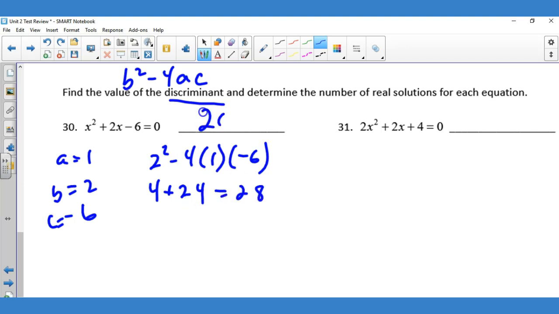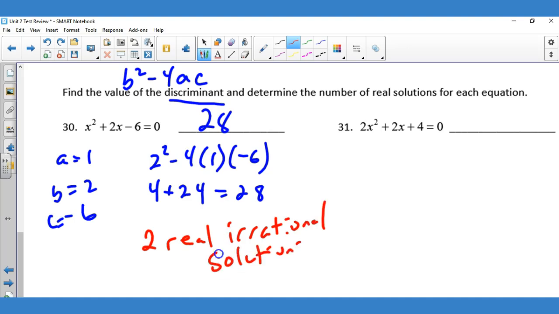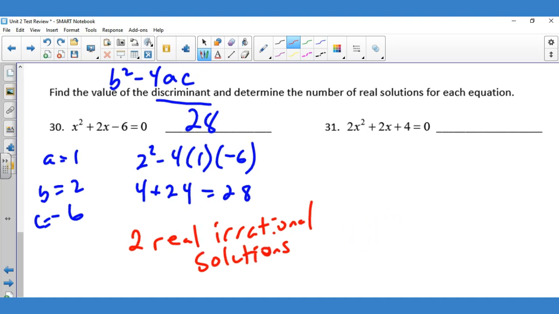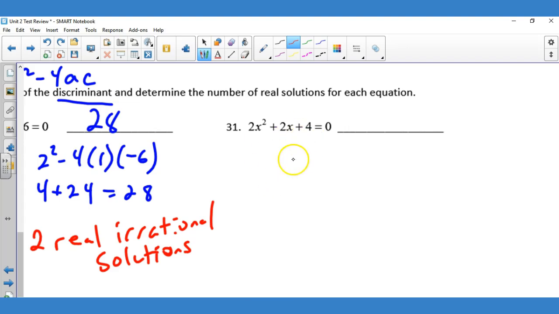So the discriminant is 28. Now you remember back on your 2-5 notes, you're going to get two real irrational solutions.